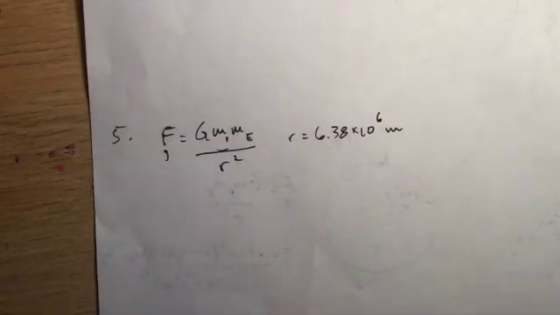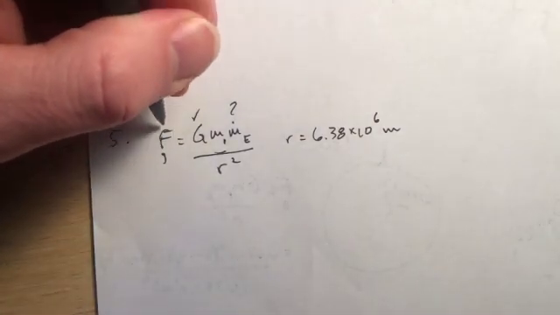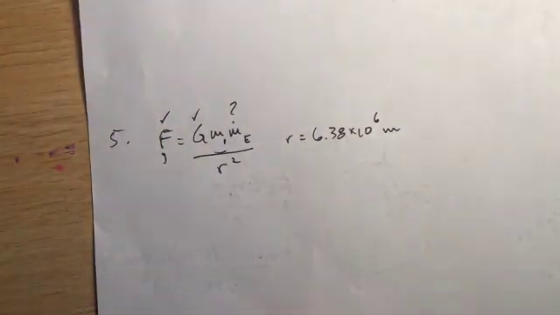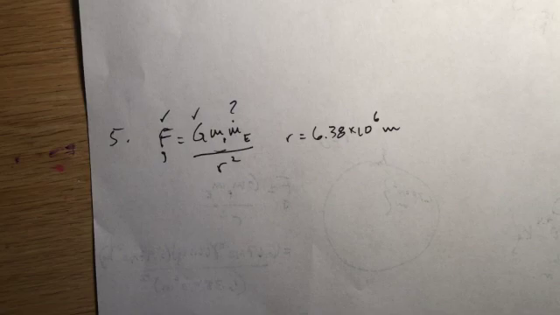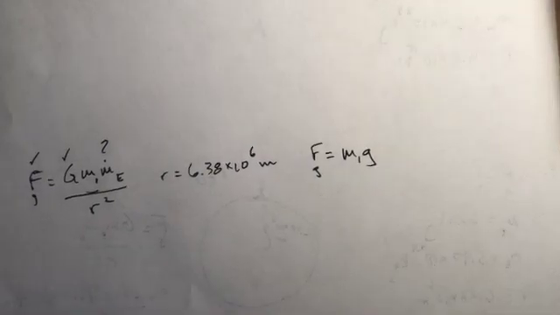Okay. Now, we don't know the mass of the Earth. That's what we're trying to find. But we do know this. Now, do we know the force of gravity on you? Well, the force of gravity on you is going to be your mass, M1, times little g. All right.